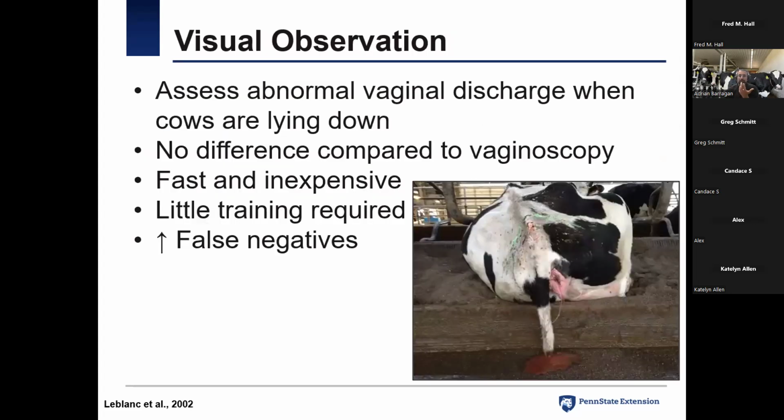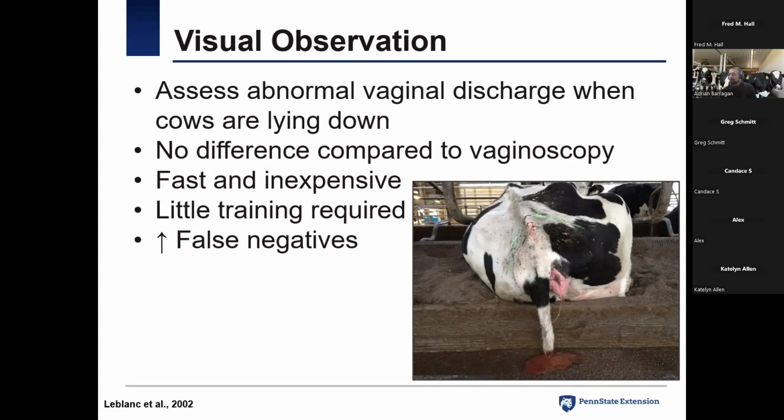One of the least expensive and more practical diagnostic methods is visual observation, right? So basically, we go to the fresh cow pen about an hour and a half, 2 hours after feeding. Most of our cows should be laying. If not, we definitely have to take a look at that, but most of our cows should be laying. And basically what happens when the cows lay down, all the pressure of those gastrointestinal organs is going to press on the uterus, and if there's fluid there, it's going to help expel that fluid.